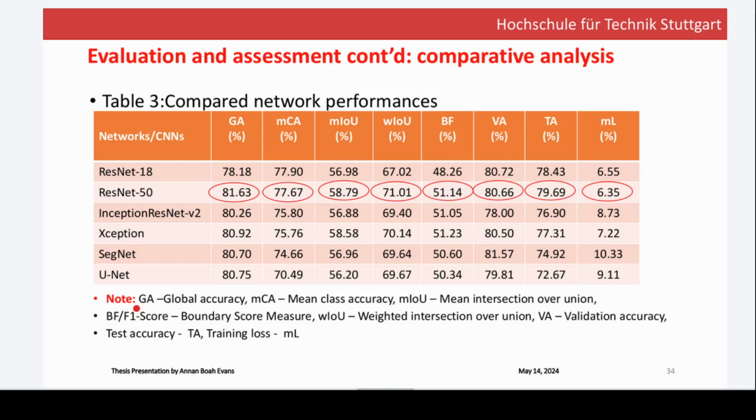When you see GA, I am referring to the global accuracy. MCA, the mean class accuracy. MIU, the mean intersection over union. How is the prediction of the model in respect to the ground truth, or the actual data on the ground? That is why you have to consider the mean intersection over union.